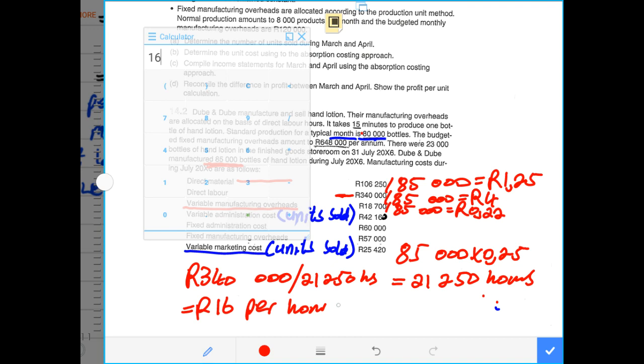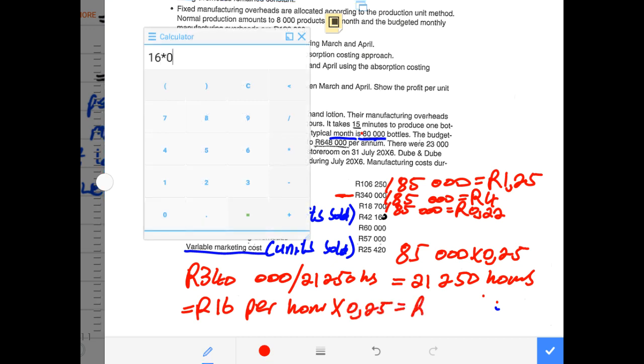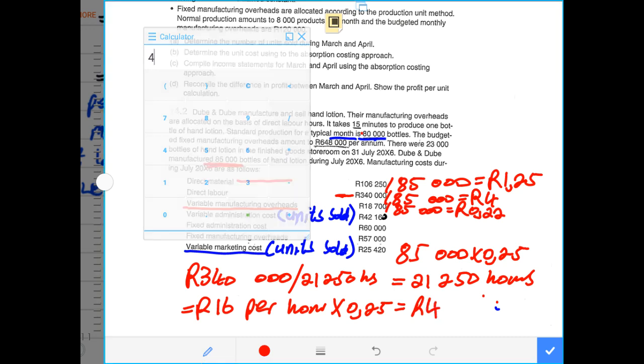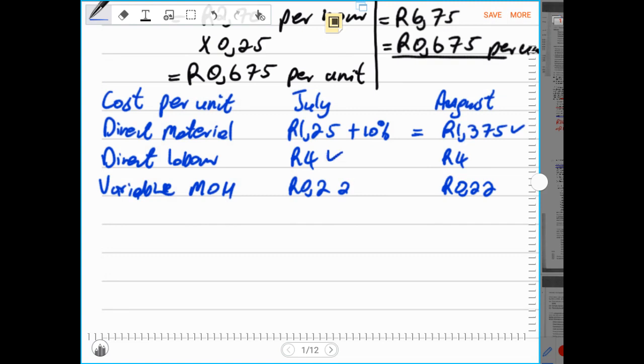Per hour, how many hours does it take to complete one unit? It's 0.25 hours. Then you say times by 0.25 hours, and you get to the same 4 rand of the direct labor. The same 4 rand that we have calculated previously. Either you use labor hours or the number of units, you get to the same amount.